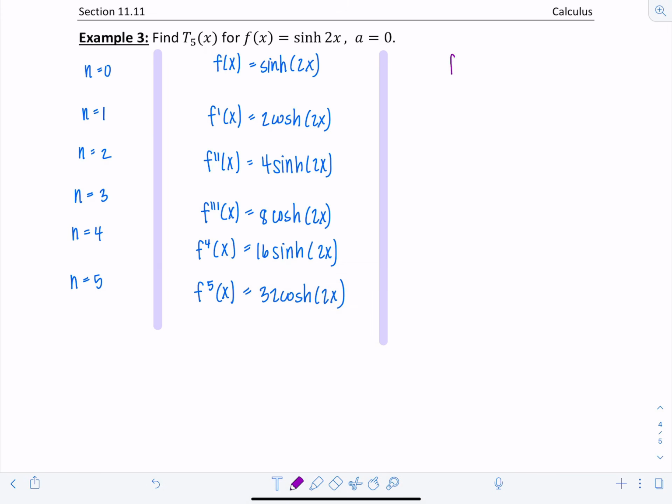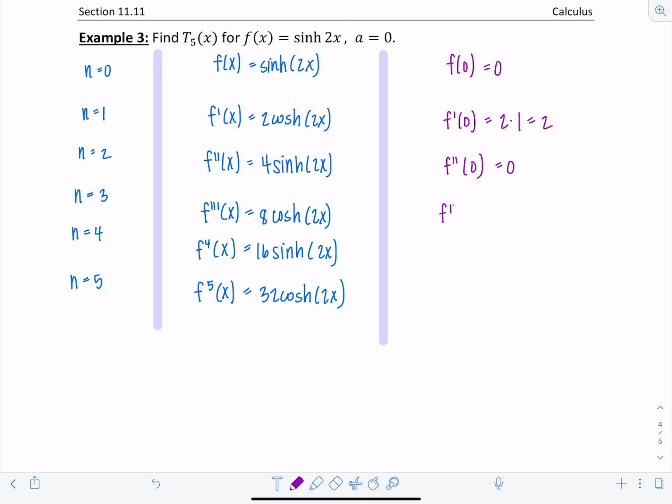So f of 0, hyperbolic sine of 0, is 0. And then hyperbolic cosine of 0 is 1, but I have that 2 sitting outside, so it's going to be 2 times 1, which is 2. And then again, hyperbolic sine's always going to give us a 0, so f double prime of 0 is 0.